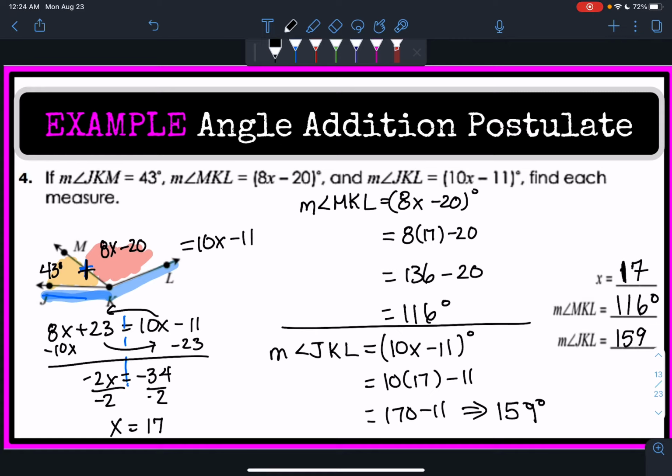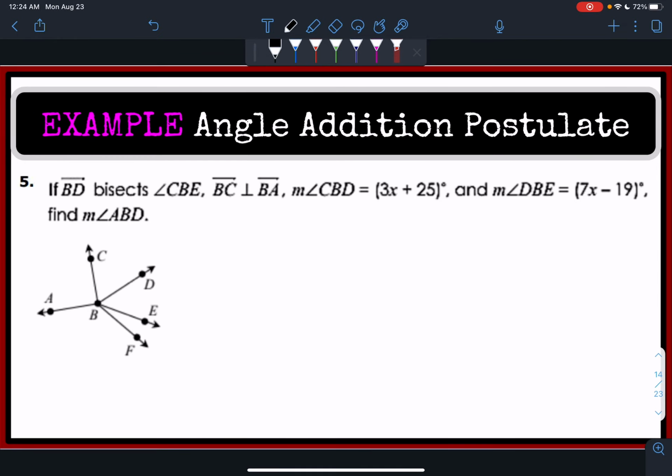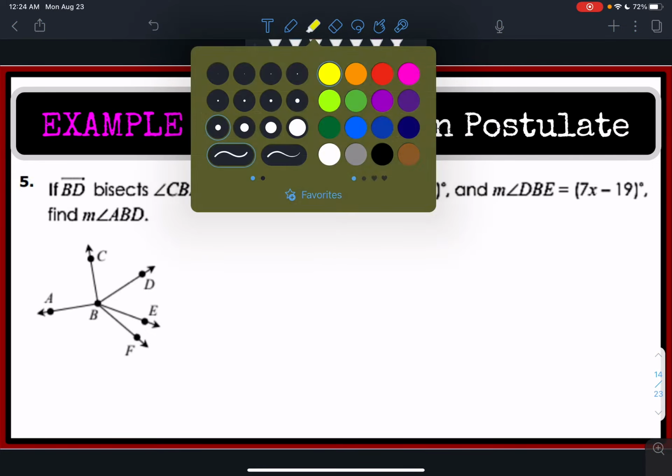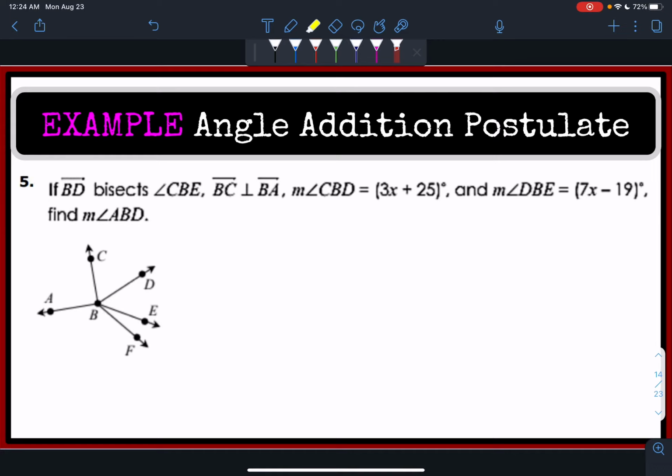And then finally, moving on to our last example. This one's going to require multiple steps because we have a lot of information on this example. We'll begin by first looking at what's given to us at the very beginning. It starts off by stating that ray BD bisects angle CBE.